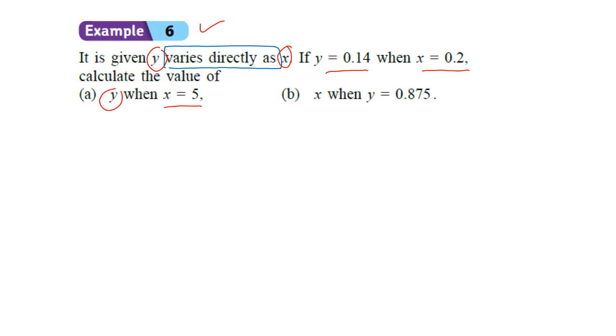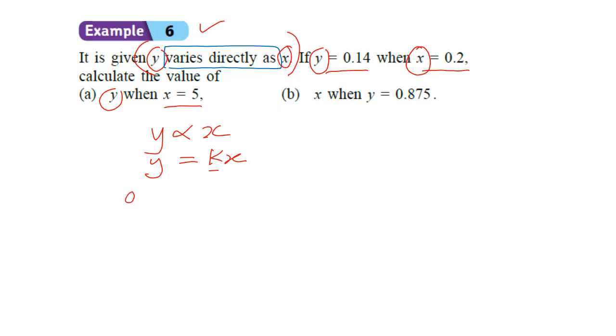So what you do is, this is a very important part. This is the information that you have to write: y varies directly as x, and you change into equation form y equals kx, and then your y and your x will help you find your k.